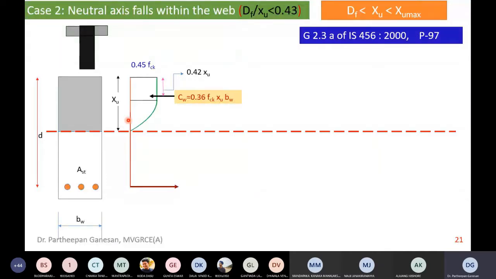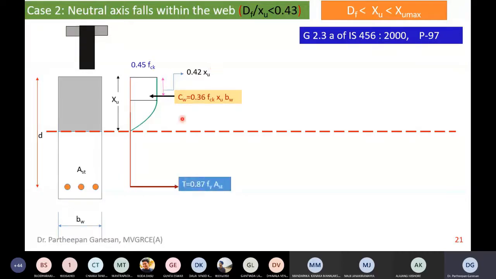Instead of B, you will have bw because this is bw, right? And the stress value is 0.45 fck, and this force acts at a distance of 0.42 xu, which we have discussed numerous times. Now this is for the rectangular part.